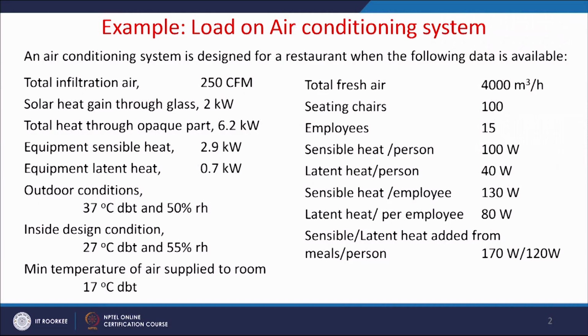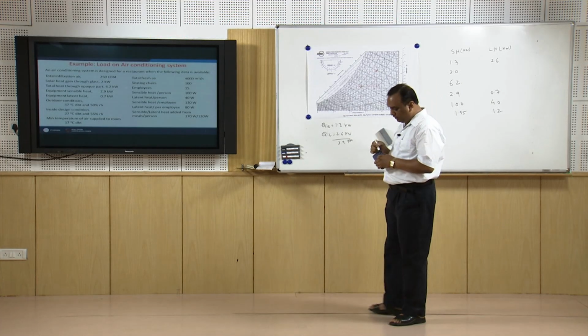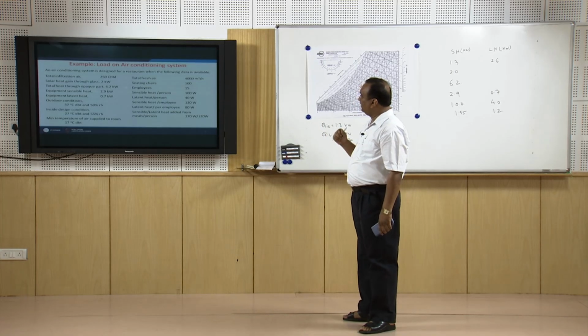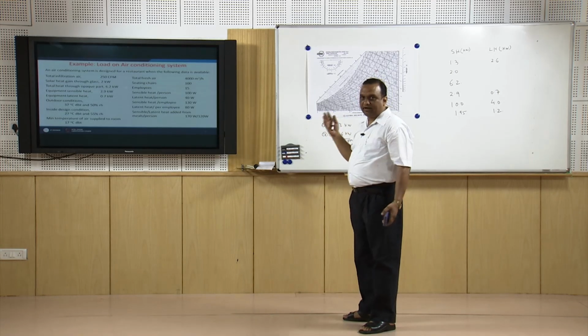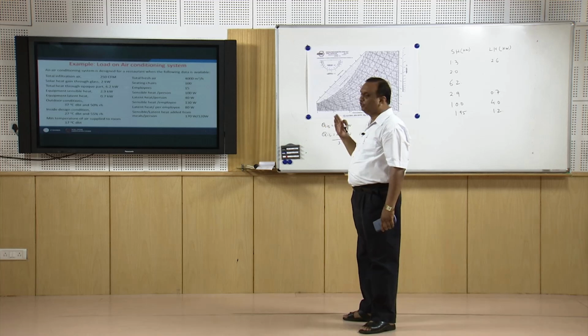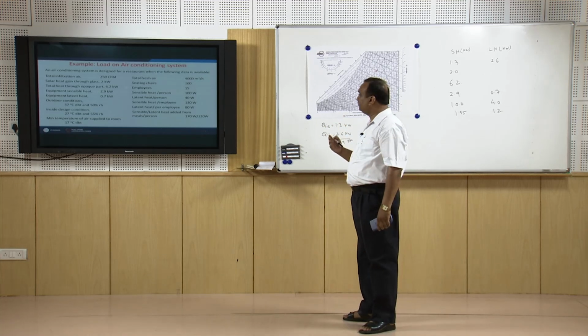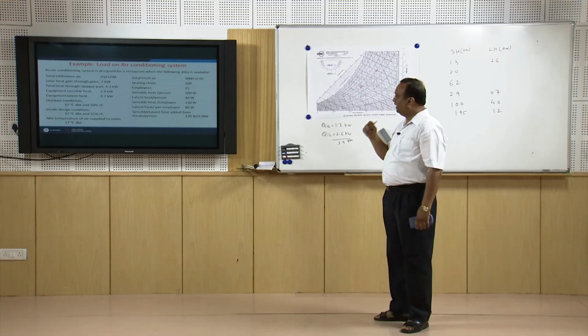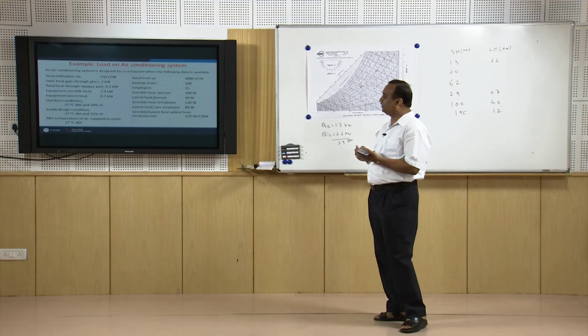Sensible and latent heat added from meals per person. Now, the meals which are served to the occupants are also contributing towards sensible heat and latent heat. Restaurant is fully occupied. Suppose 75% of the occupants are taking food and 25% are waiting for their food.